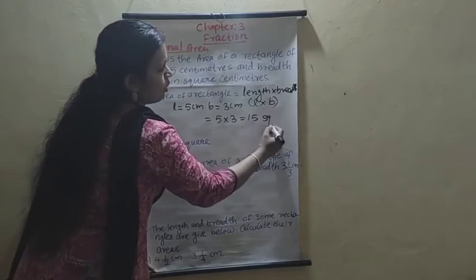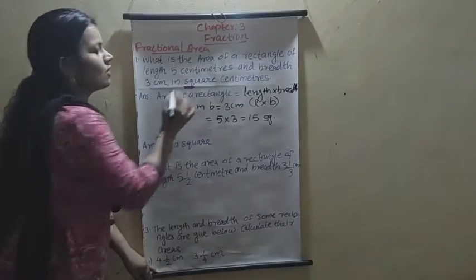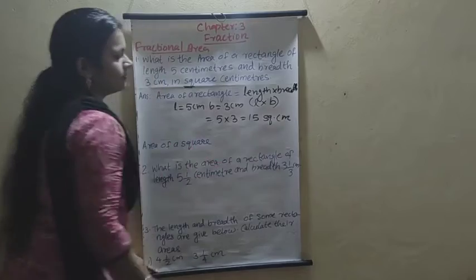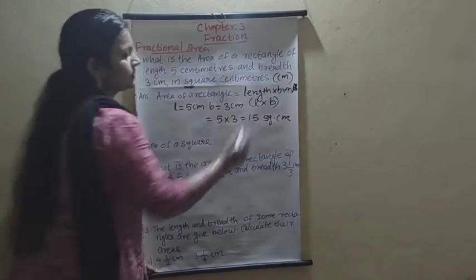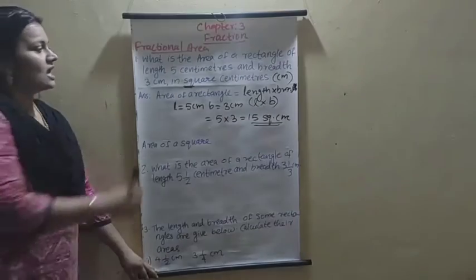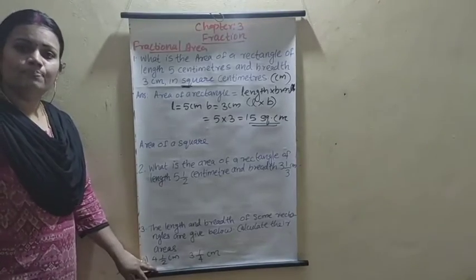What is the unit? Square. SQ is the short form, square centimeter, cm. What is the short form of centimeter? cm. So the answer is 15 square centimeters. Area of a rectangle is equal to length into breadth, L into B.